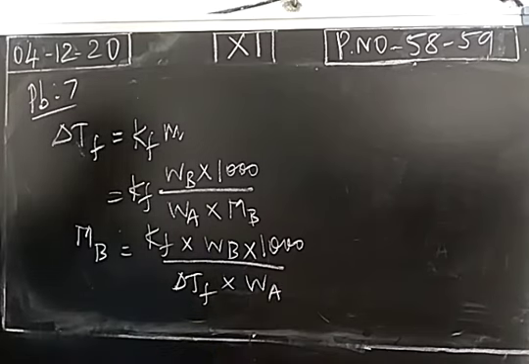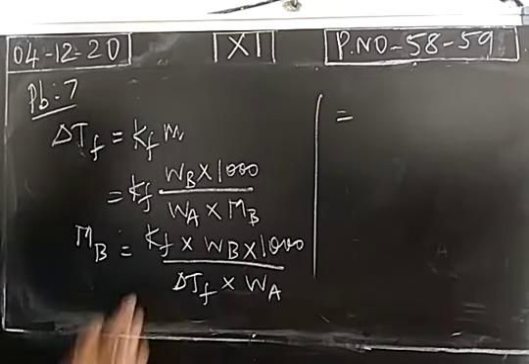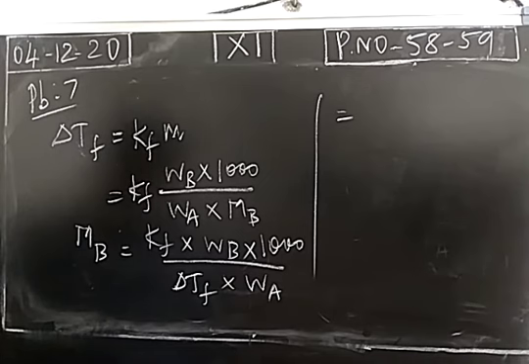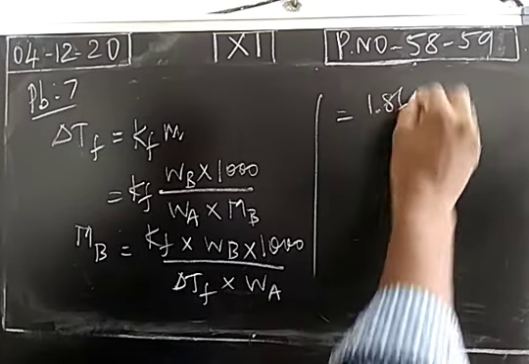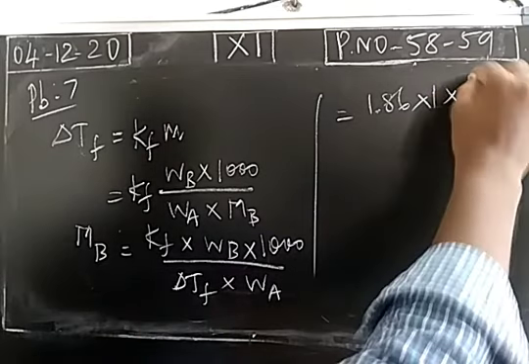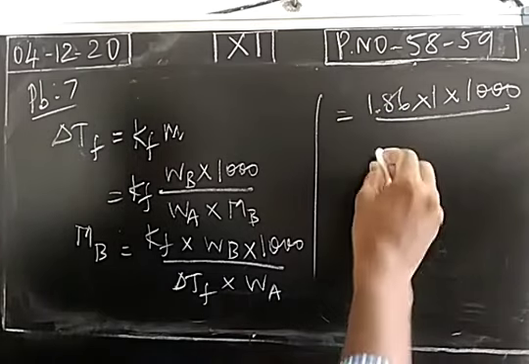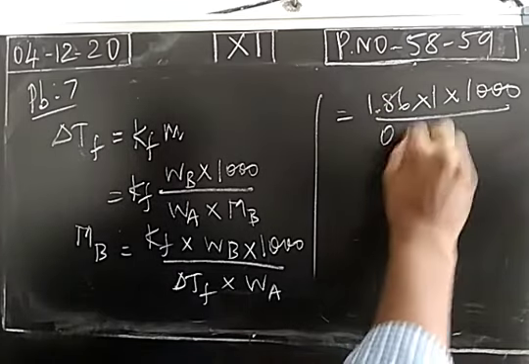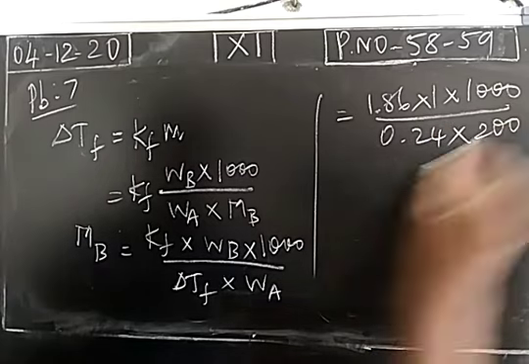Substitute the values. Kf, the cryoscopic constant, is 1.86, weight of solute 1 gram multiplied by 1000 divided by depression in freezing point 0.24, weight of solvent 200 gram.